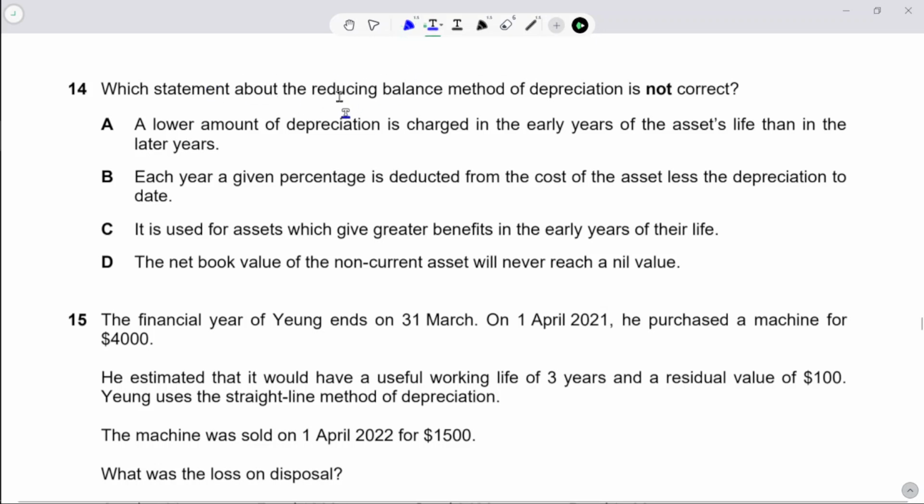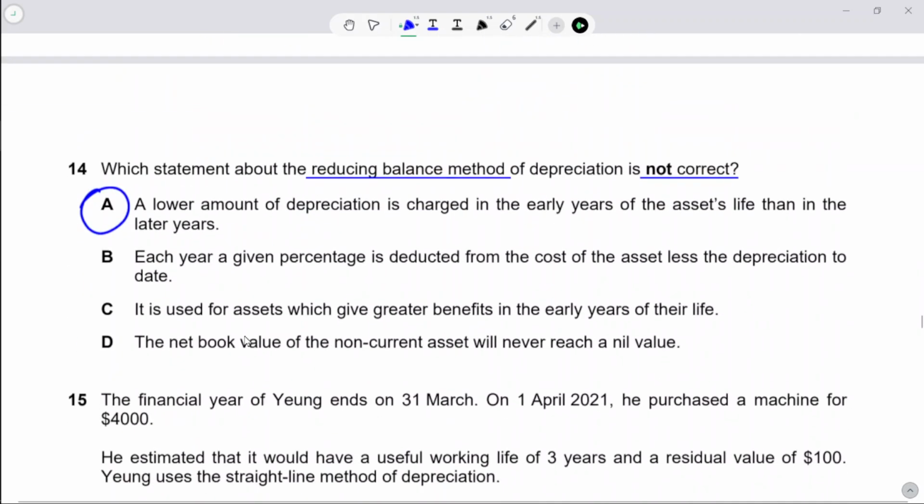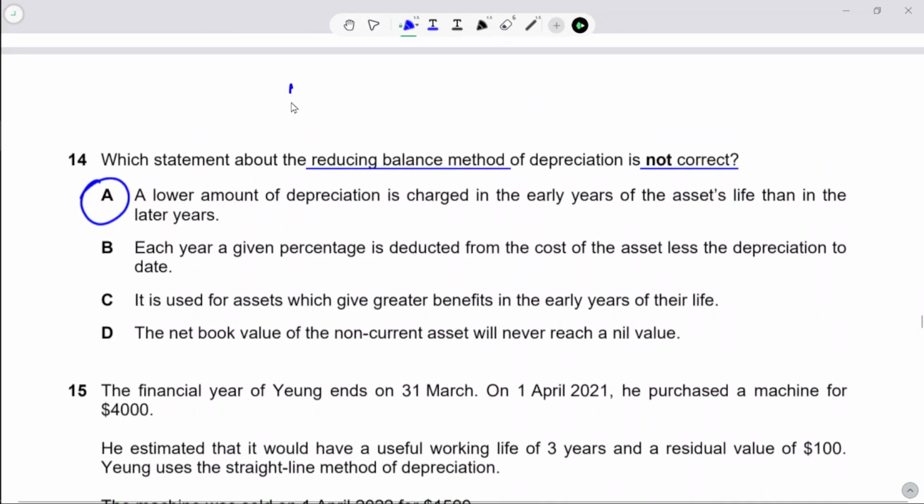The question: which statement about reducing balance method is not correct? So it's A. So remember the graph. So this one is reducing, right? So it's actually like this.